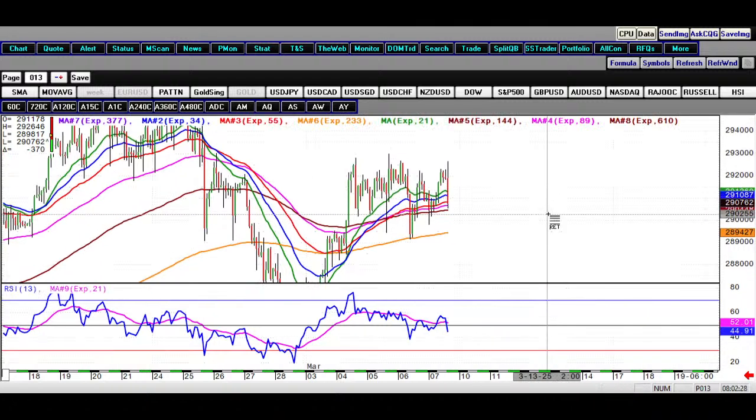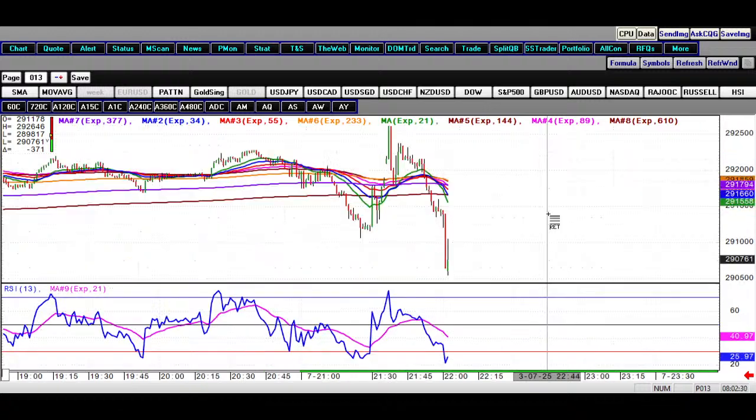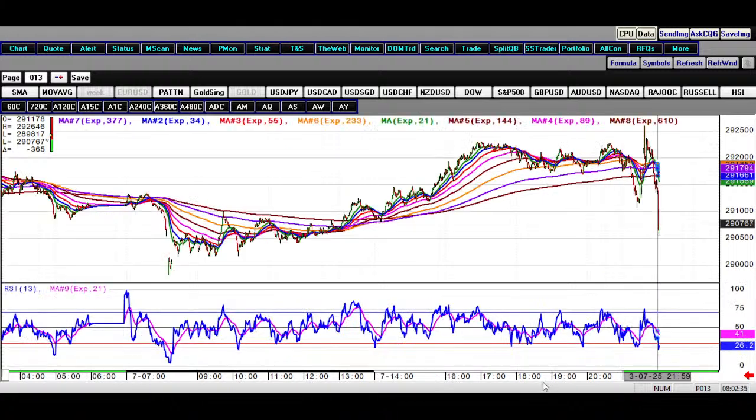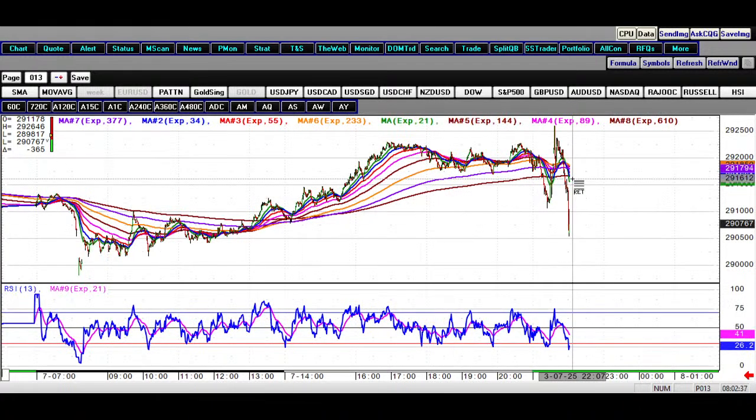So another 1 hour. This weakness is expected to last for another 1 hour.